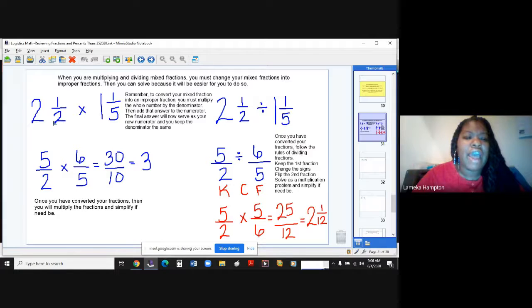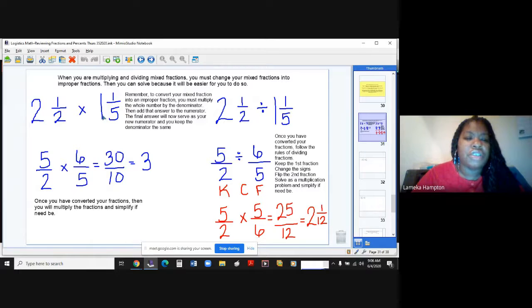Then you add that answer to your numerator. So we have 2 times 2, which is 4, plus 1, gives us 5. This answer will serve as your new numerator for your improper fraction, and you will keep the bottom number the same. You're going to do the same thing with 1 1/5.